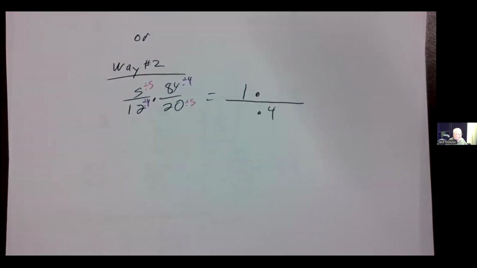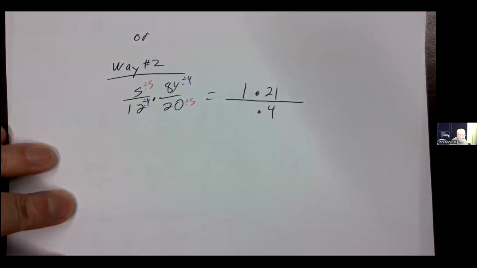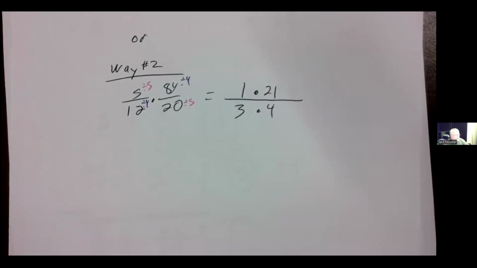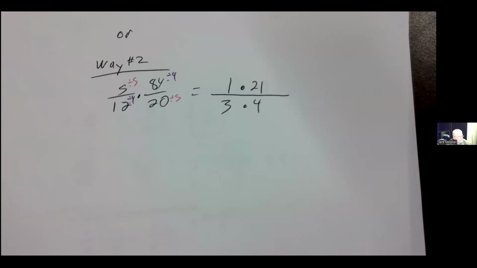So 84 divided by 4 ends up being 21. 12 divided by 4 is 3. I don't know about you, but I'd much rather deal with these numbers than 420 over 240. And if you look at it, is there anything we can simplify again? Well, 3 goes into 21.